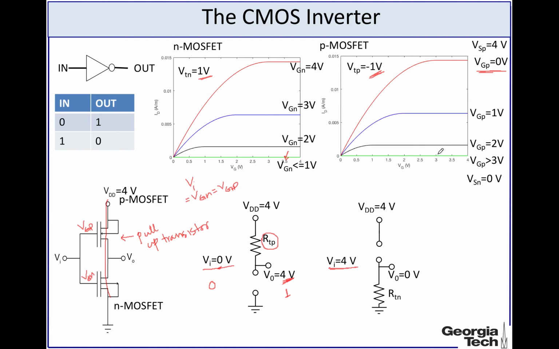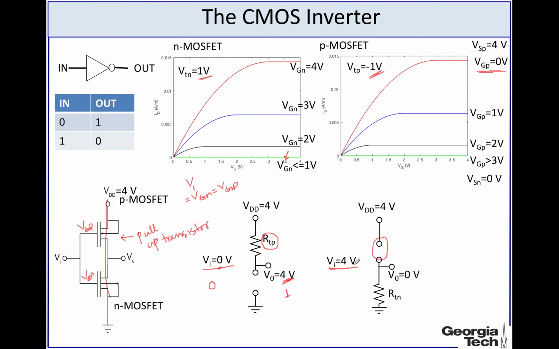In other words, it's in the off state, and as a result it's an open circuit. The P MOSFET is an open circuit between its source and drain terminals when the input voltage is 4 volts.